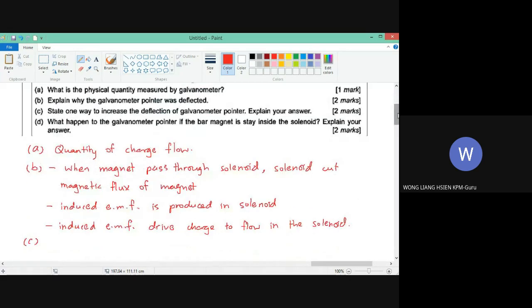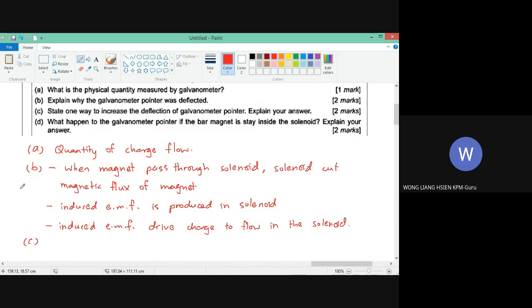That means if we want to increase the deflection, we want to increase the EMF. So how to increase the EMF? There are 3 ways. We can increase the number of coils, we can use a stronger magnet, or we can cut the magnetic flux with higher speed. If we want to cut the magnetic flux with higher speed, we can drop the magnet from a greater height.